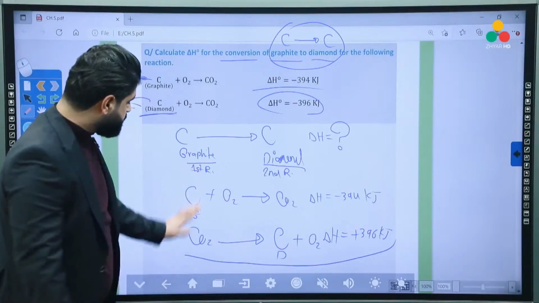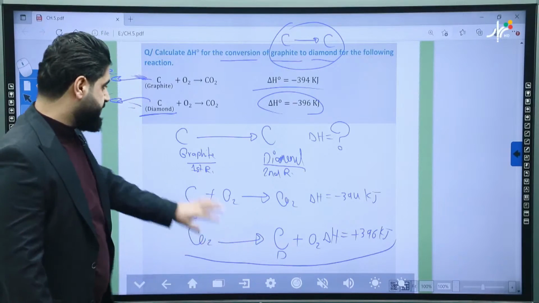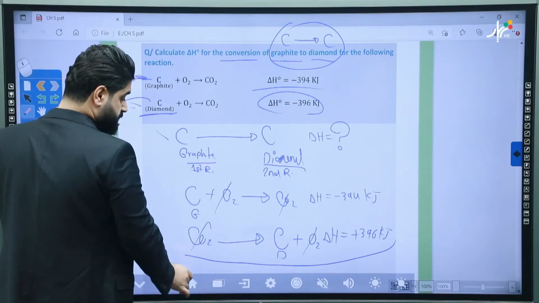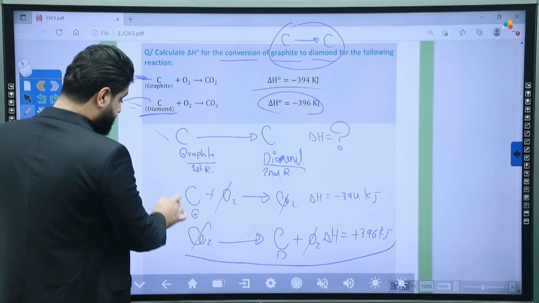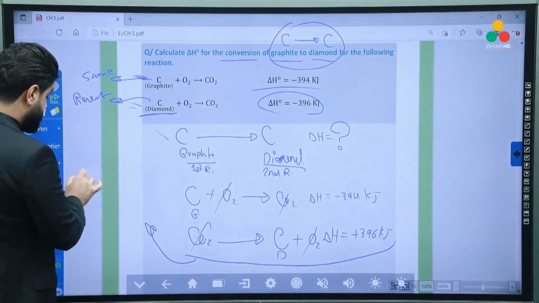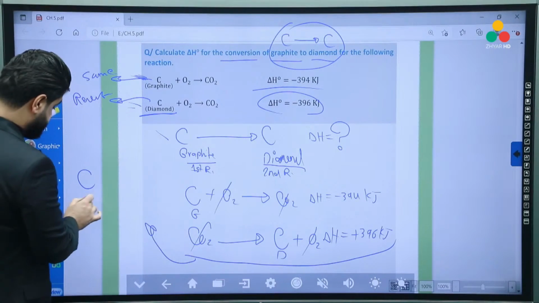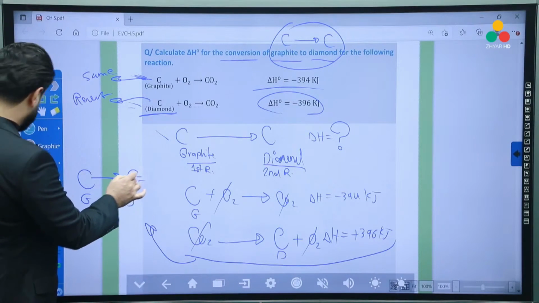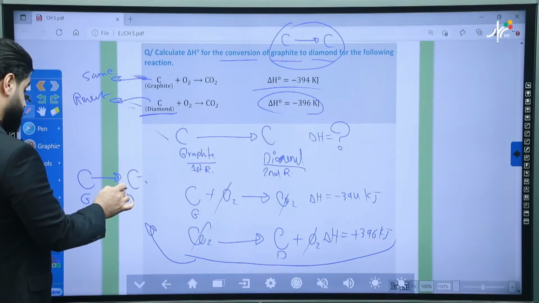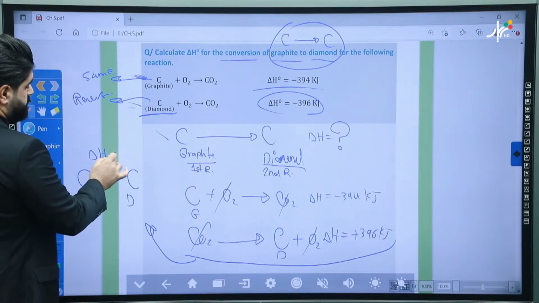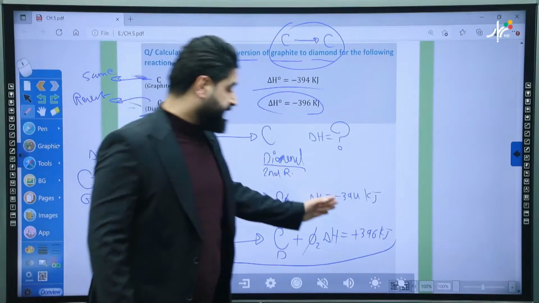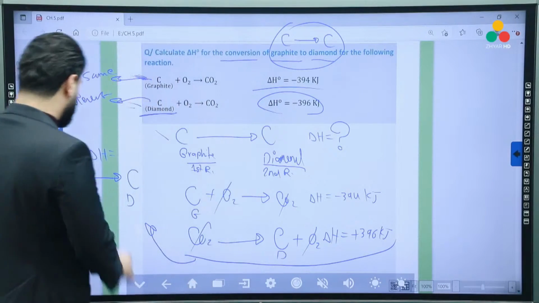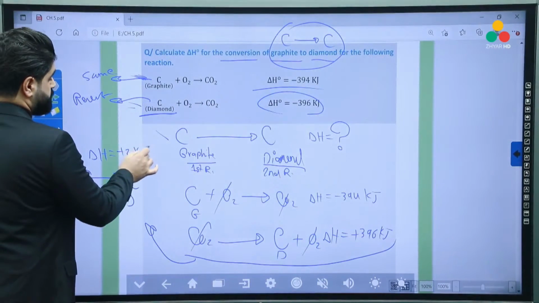Now let's add them together. Don't cancel carbon of graphite with diamond. They must remain like this. So O2 with O2, CO2 with CO2. What will be left? Carbon graphite producing carbon diamond, and delta H will be negative 394 plus positive 396, which is positive 2 kilojoules.